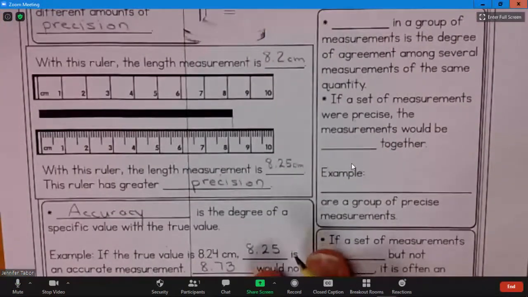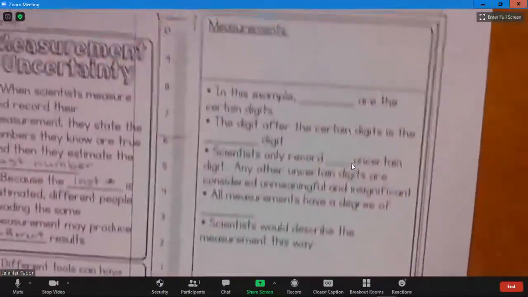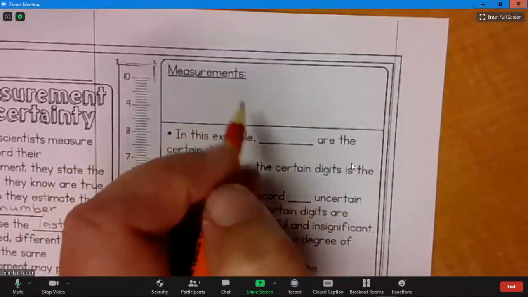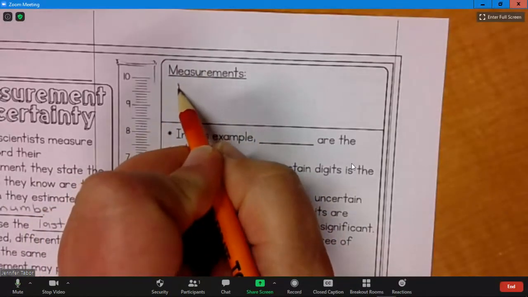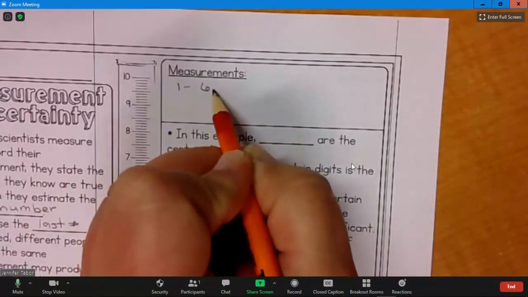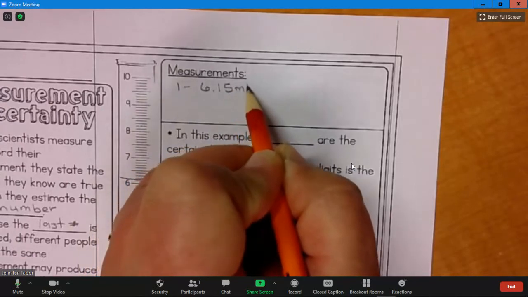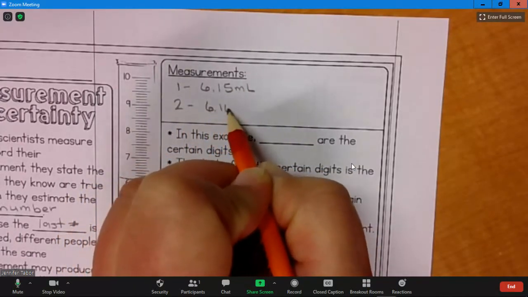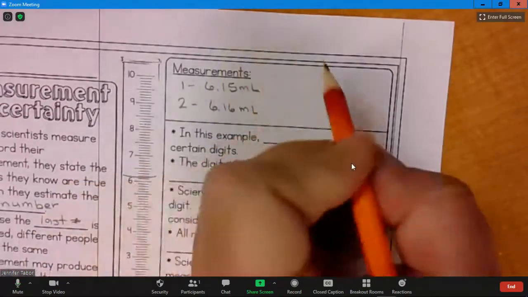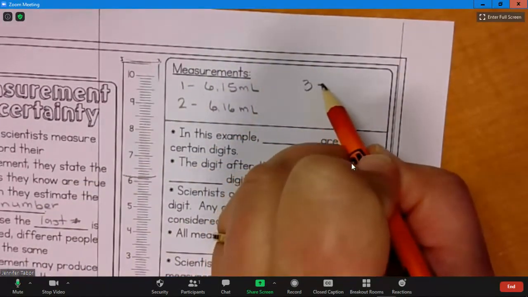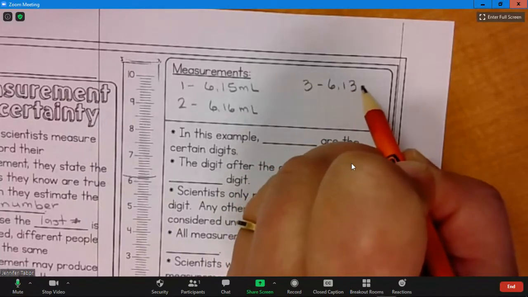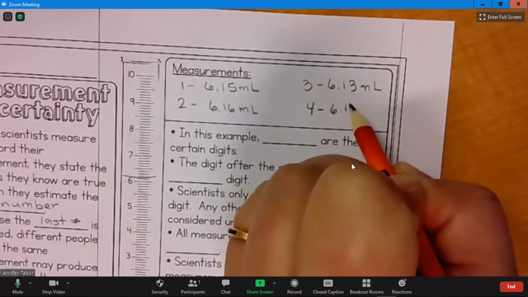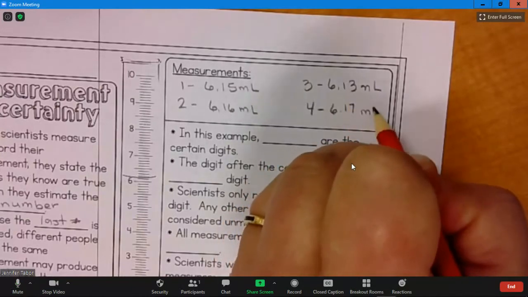All right, let's come up here. Let's say that you guys are in lab, and 4 of you measured the same thing. The first person measured it and got 6.15 milliliters. The second person got 6.16 milliliters. Person 3 came along and looked at it and got 6.13 milliliters, and person 4 got 6.17 milliliters.